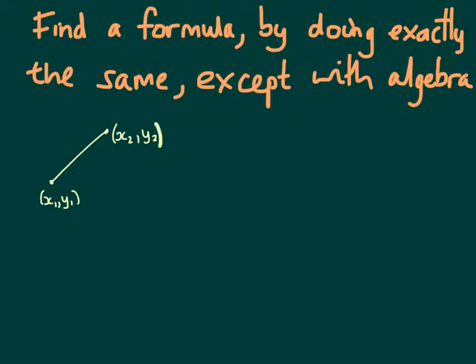So we need the distance between the x values to get the length of that line there, and the distance between the y values to get that line there. The hypotenuse we'll call d, because we're trying to work out the distance between the 2 points. So that side there is going to be the difference between the x's and the difference of the y's.